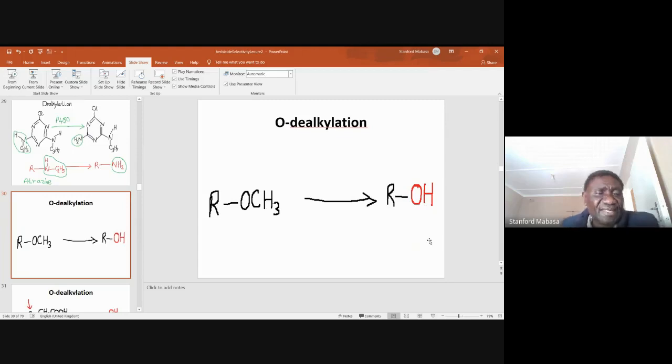The other process is known as the O-dealkylation. We have this sort of structure, R representing the big part of the molecule, and OCH3 is the important part. After O-dealkylation, or removal of the methyl group, we are now having ROH.